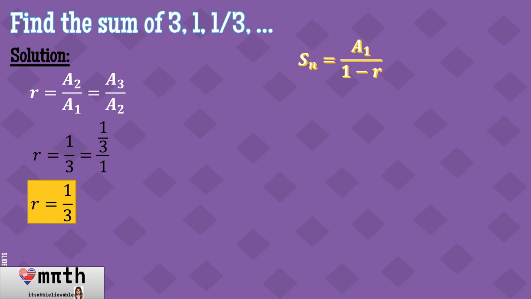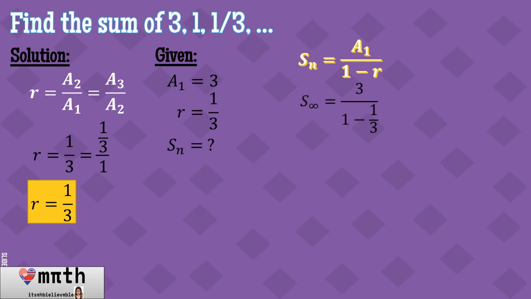So the formula that we're going to use for infinite geometric series is S sub n is equal to a sub 1 all over 1 minus r. And the given will be a sub 1, which is equal to 3, and the r will be 1 over 3. So we're going to look for the value of S sub n.